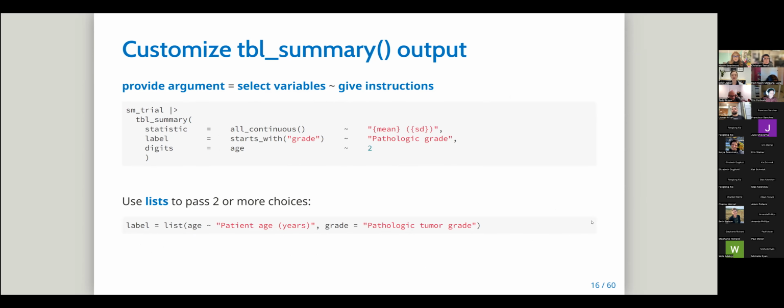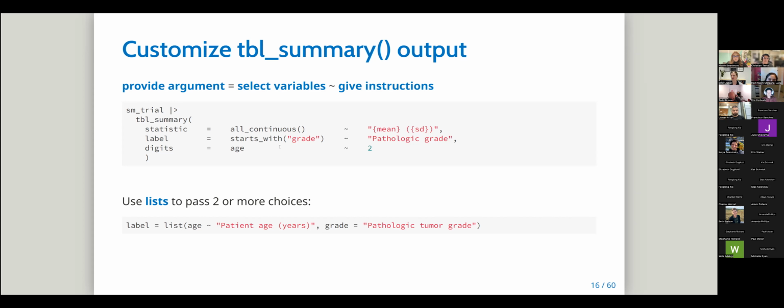The basic way that we customize is we provide one of the arguments to tbl_summary. Then after the equal sign, we select variables, and we can select these using all of these tidyselect options. So if you want to apply a change to all of the continuous variables, you can do it in this way. You can specify a single variable with the name of the variable.